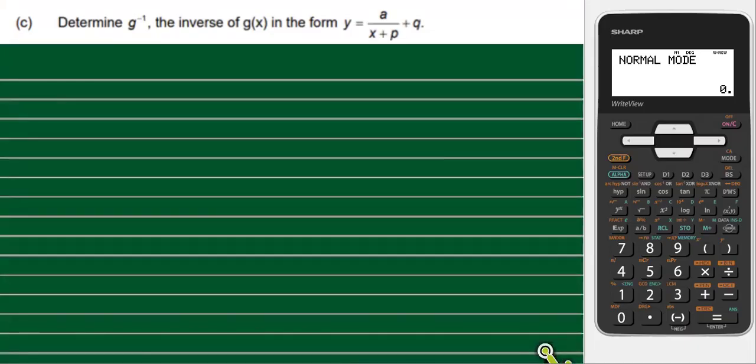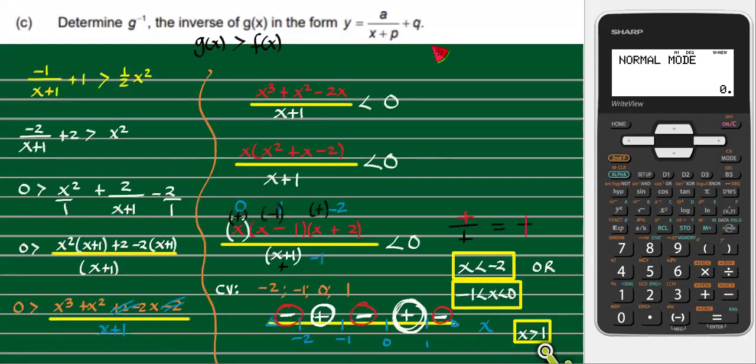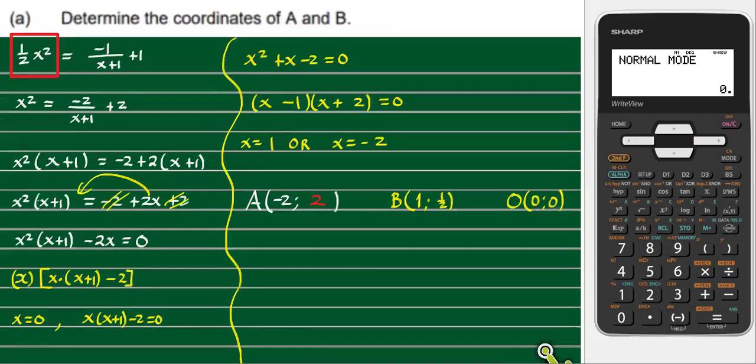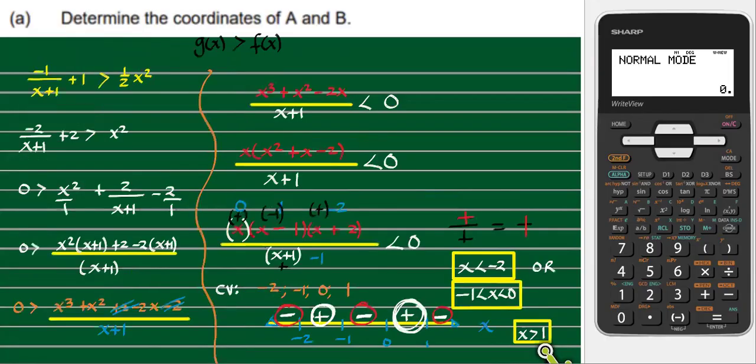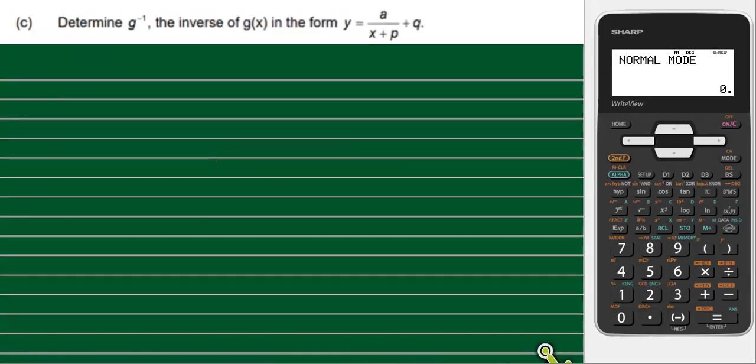So they say determine the inverse of g of x in that form. Yeah, now I feel like we did everything. We just needed to swap x and y because here's an equation, that one. So let me write it.